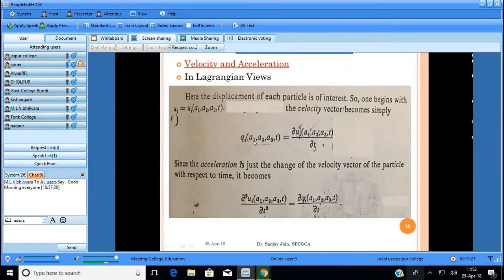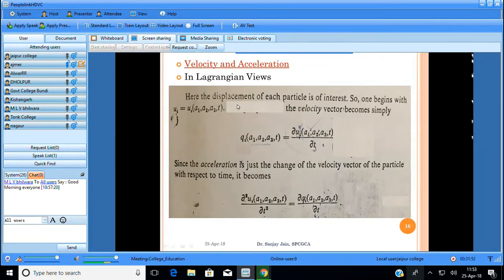So qi of a1, a2, a3 is nothing but the partial differentiation of the displacement vector. What is acceleration? That is the differentiation of velocity. So this is del qi over del t in the initial coordinate system, or the double derivative of displacement, del 2 ui over del t square.